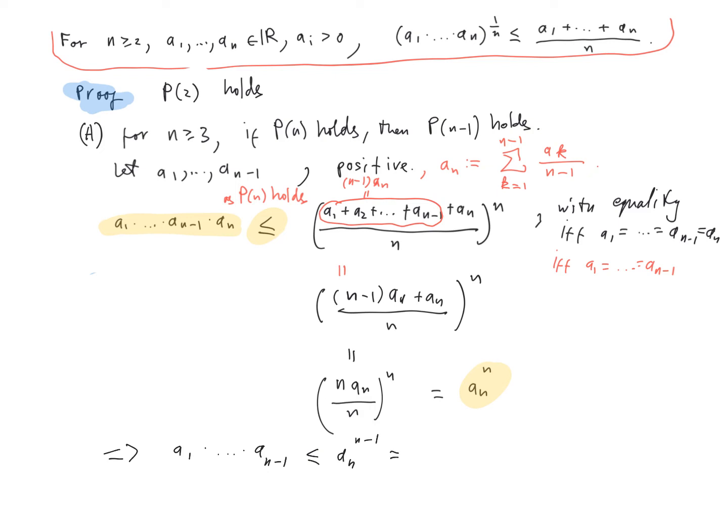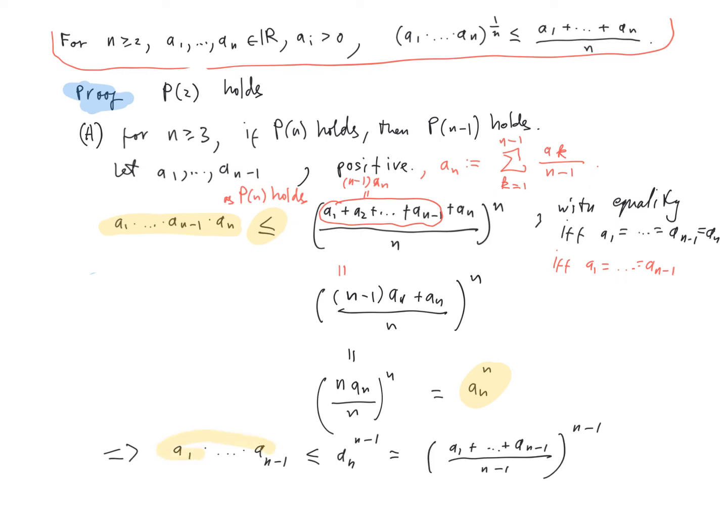And finally, remembering how an is defined, this is equal to the sum a1 plus a2, etc., plus an minus 1 divided by n minus 1 and taken to the power n minus 1.